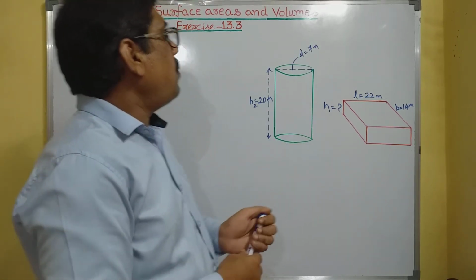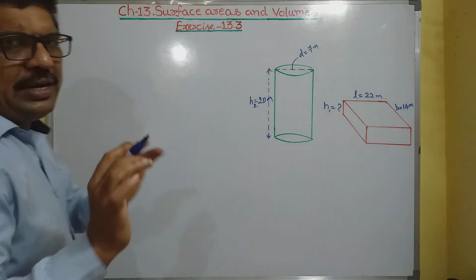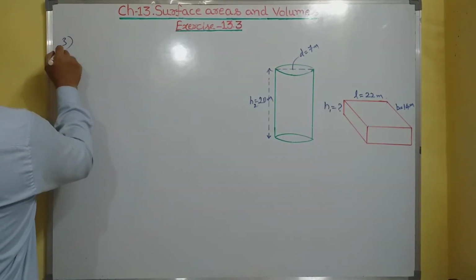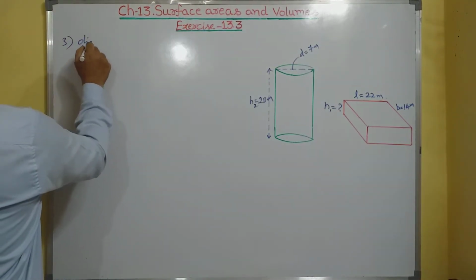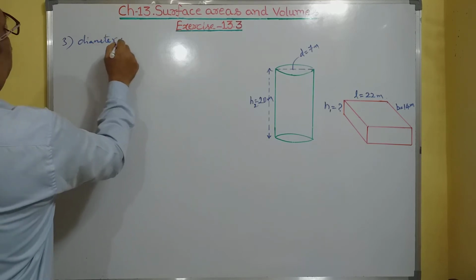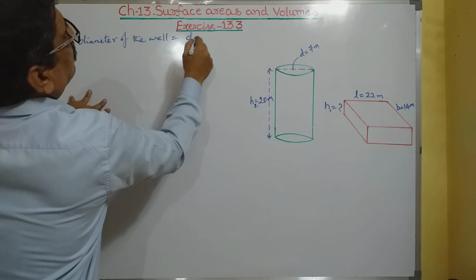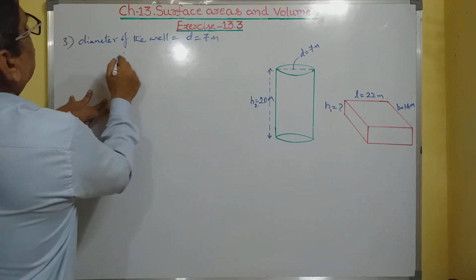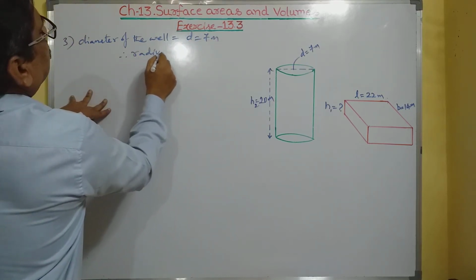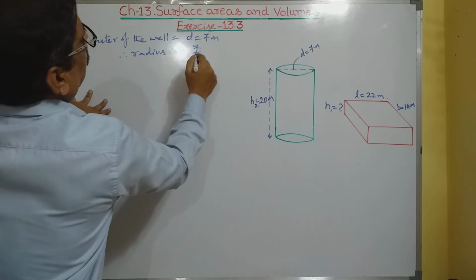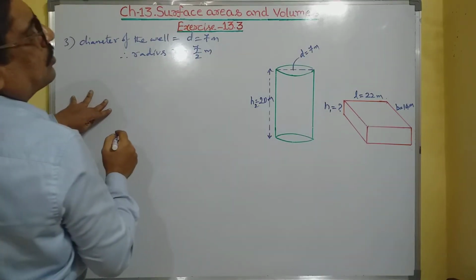So the volume of the soil. So let us write the dimensions first. The diameter of the well. How much? D is equal to 7 meters. Therefore, radius R is equal to 7 by 2 meters. Okay.